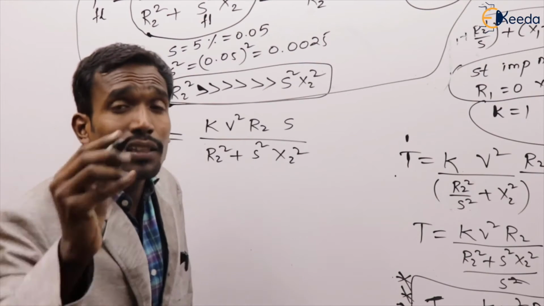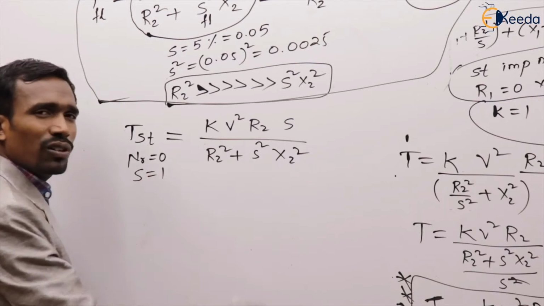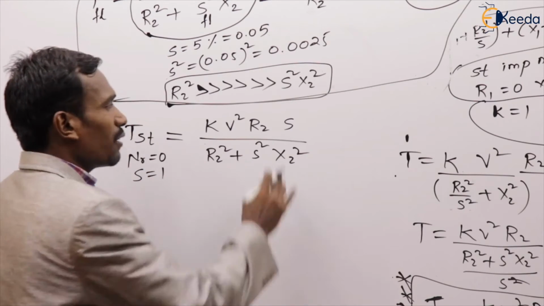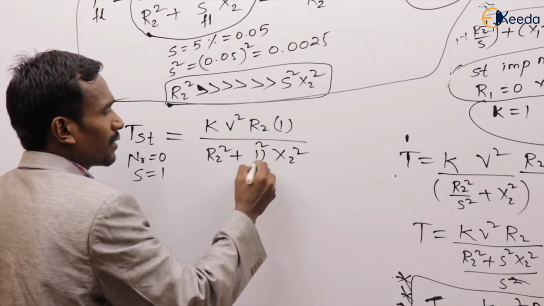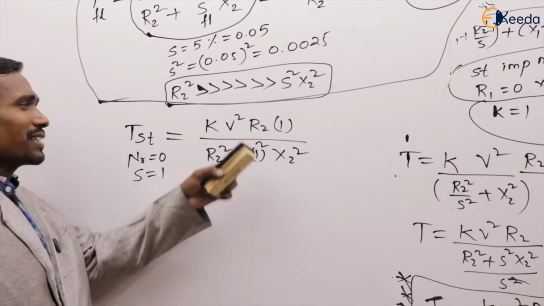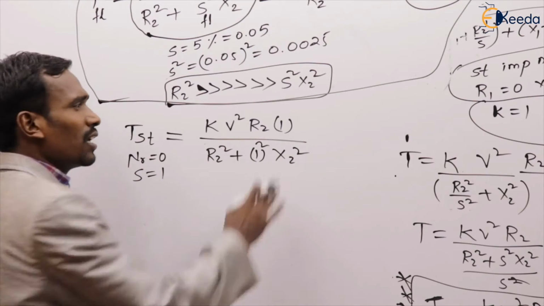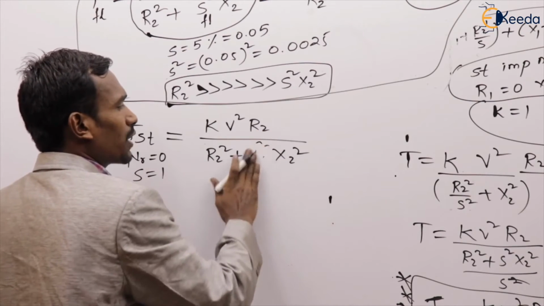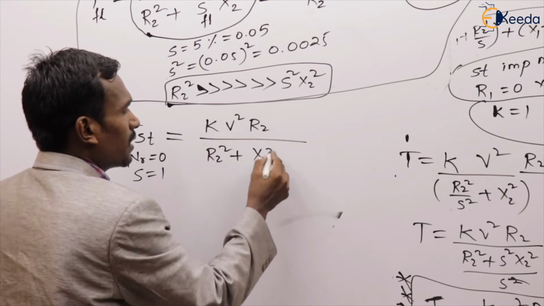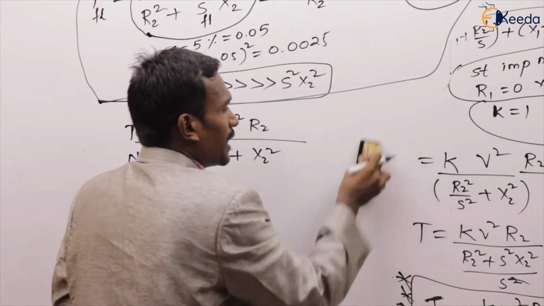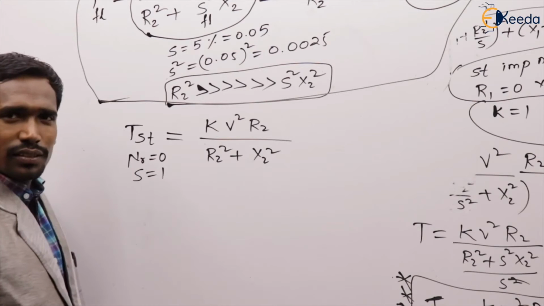What is the slip at NR equal to 0? Slip is 1. So we have to substitute 1 here. This is my starting torque equation, nothing but K V square into R2 by R2 square plus X2 square.